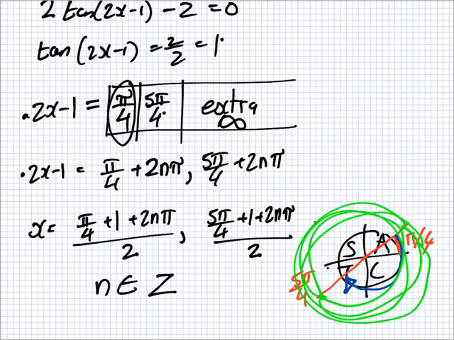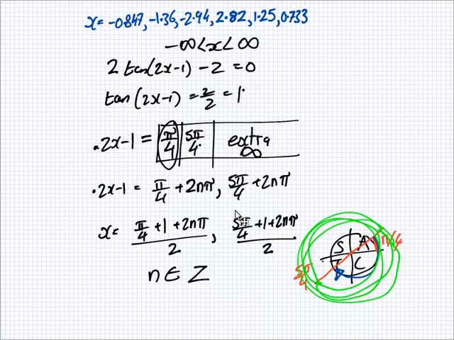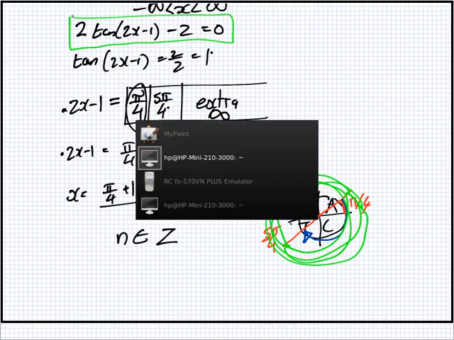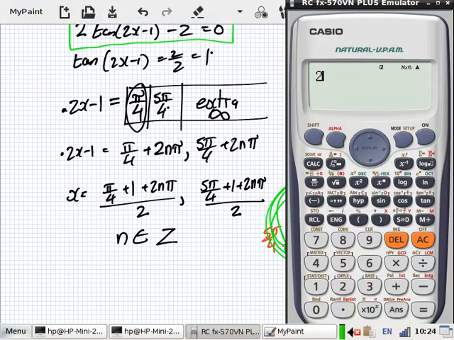So I'll have to fix my answer there, but we can check that my answer is right. We're looking at this equation: 2 tan(2 times x minus 1) minus 2. The x is found by using the formula, so let me use the first formula: shift pi over 4 plus 1 plus 2n pi.